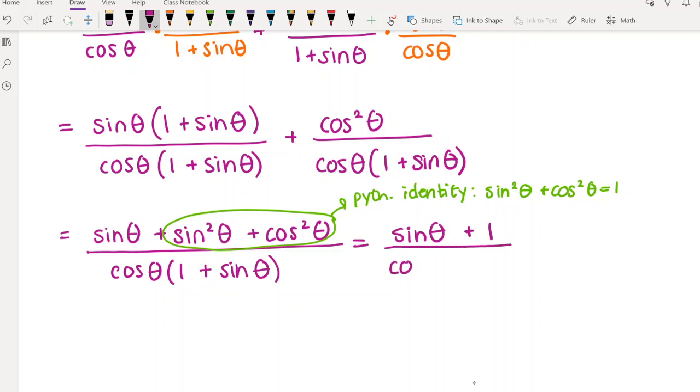And in the denominator, we're left with cosine of theta times 1 plus sine of theta. So maybe now you see why I said that not distributing it makes it easier to see what you can cancel out here, because in the numerator, we have sine of theta plus 1, and in the denominator, we also have a factor of sine of theta plus 1. And so those cancel out.